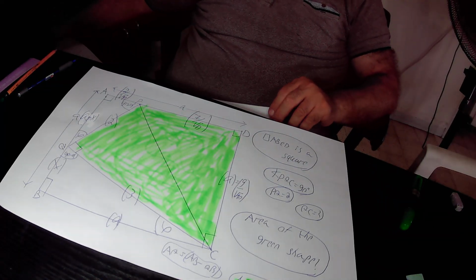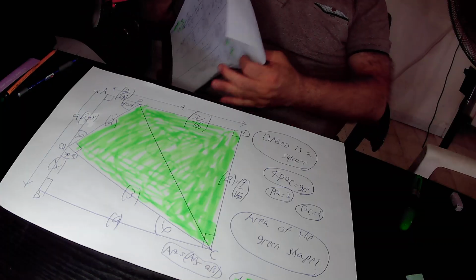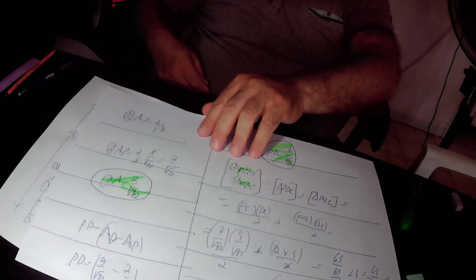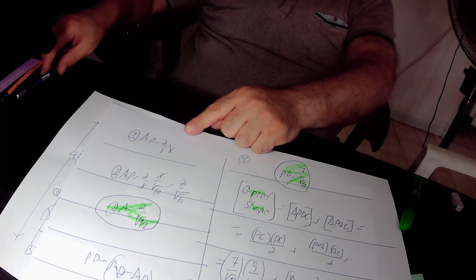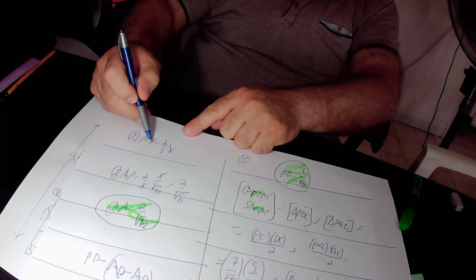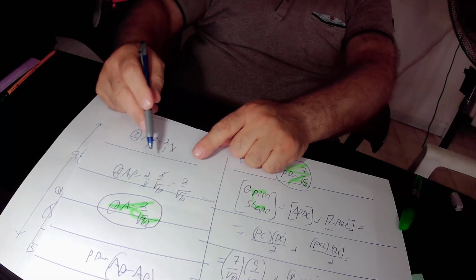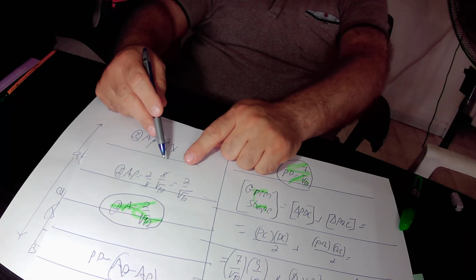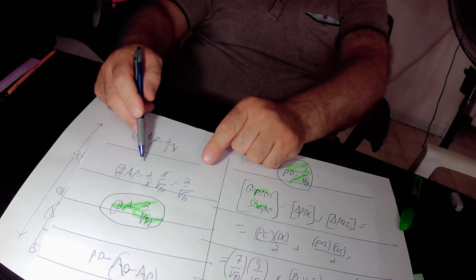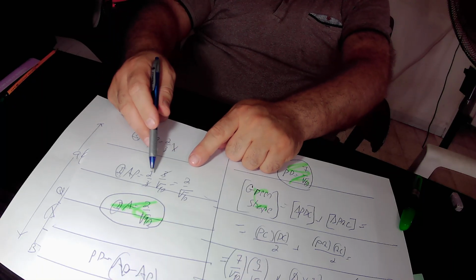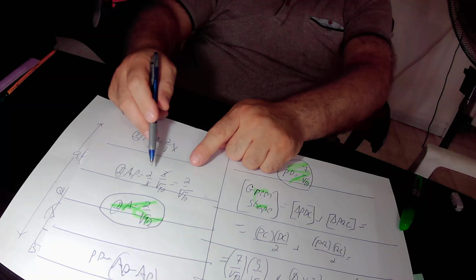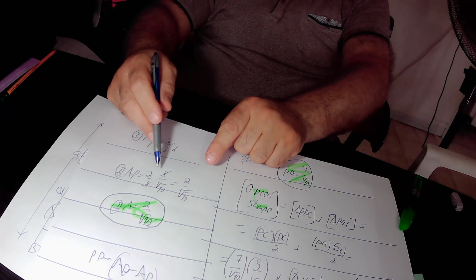According to equation 1, we have already found out that AP equals 2/3 x. So AP equals 2/3 x, and x equals 3 over the square root of 10. So in total, AP equals, here we have 3 in the numerator and 3 in the denominator, so 3 will be cancelled, and we are left only with 2 over the square root of 10.